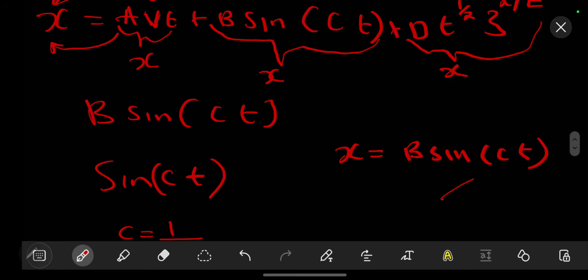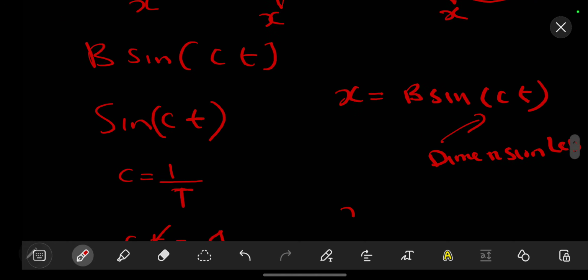Already you know that the sine is dimensionless, since trigonometric ratios are considered dimensionless. So what you remain with is x equal to b. Where there is sine, you can just put a pure number, to show that the sine is dimensionless.